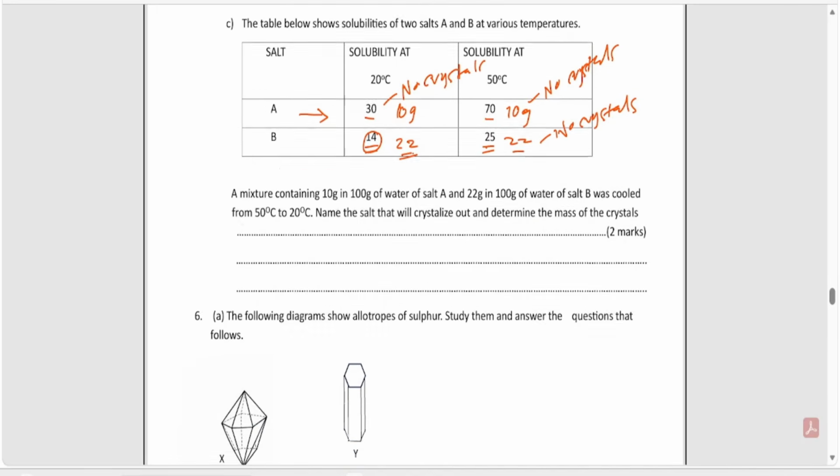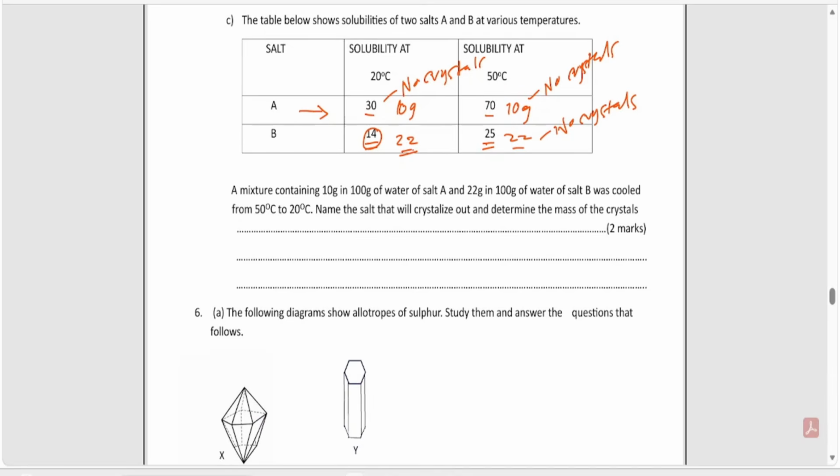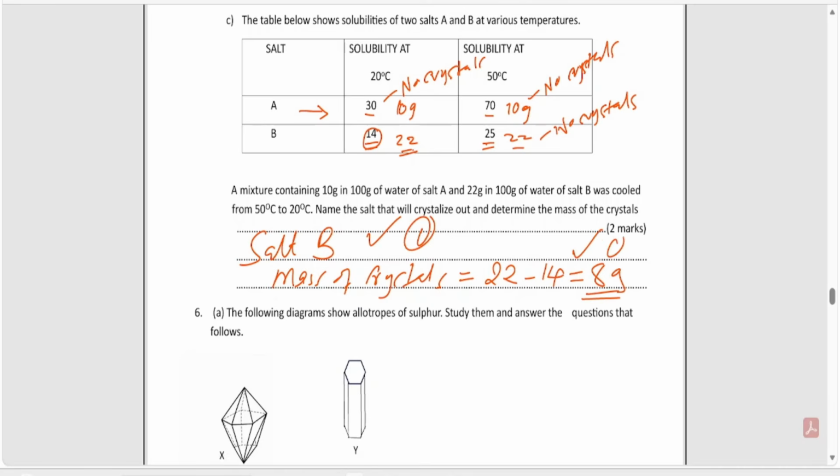So the salt that crystallizes out in this case is salt B. Mass of crystals, we have 22 minus 14, which is 8 grams. 8 grams. So naming the salt 1 mass, determining the mass 1.